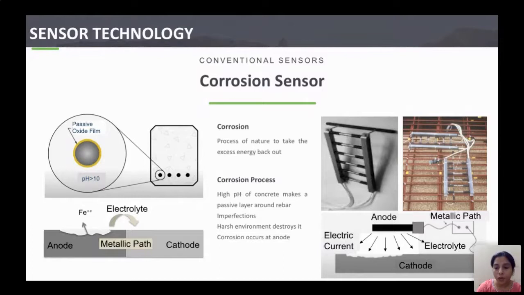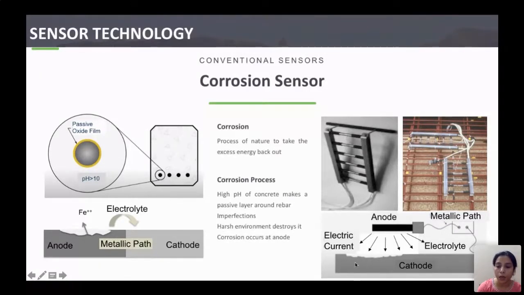The same thing we are doing here in the cathodic protection. We are actually shifting the corrosion from the rebar to the external anode. This anode is now the bigger door, which I gave you the example of. This anode will act as the bigger door from where a lot of electrons are coming because of the AC supply. These electrons will transfer through the electrolyte to the cathode.